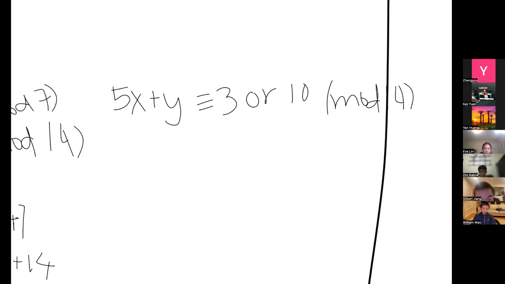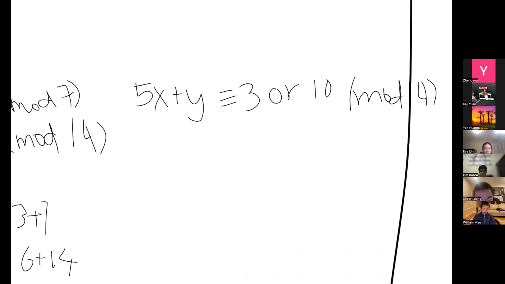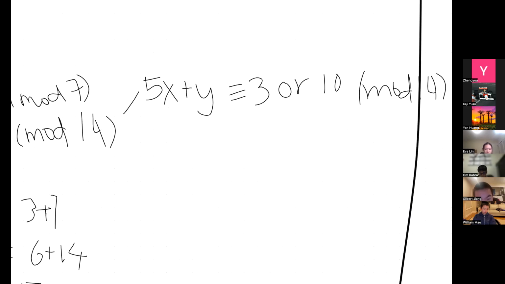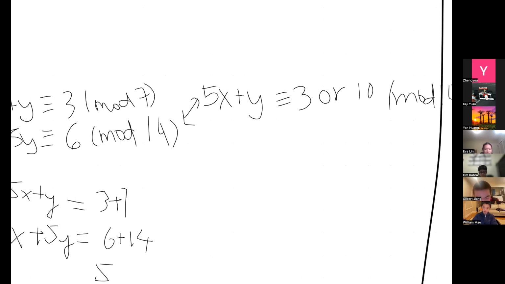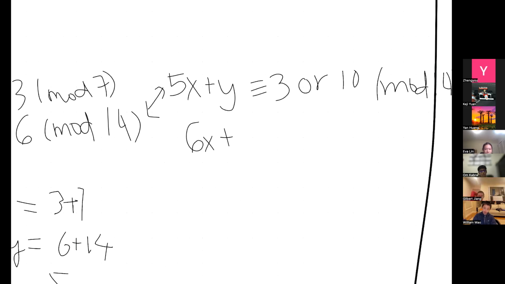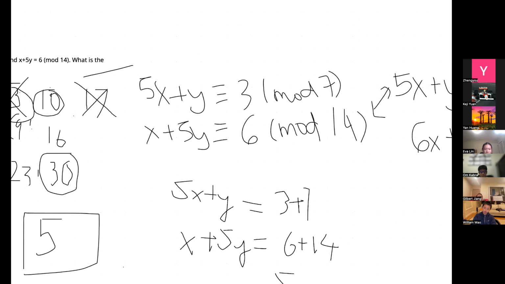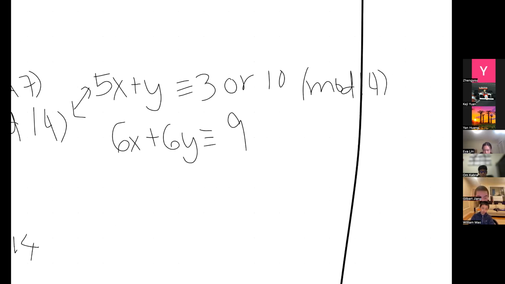Then you can combine those two equations and you'll get 6x plus 6y is congruent to 9 or 16, which becomes 2 mod 14, right?